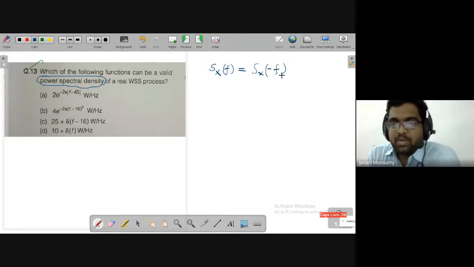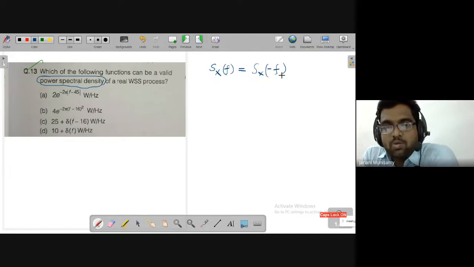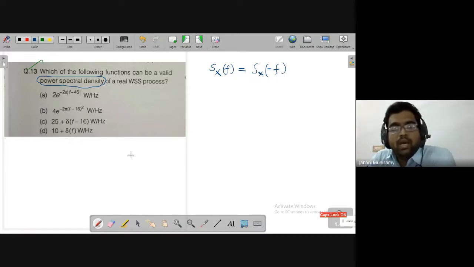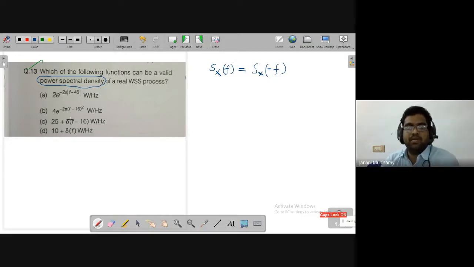And the power spectral density value can never be negative, because power cannot be negative at any point of time. So these are the two properties. Here, at any point we are getting positive values only, so all the functions satisfy the second property. But whether all these functions satisfy the even function property, you have to verify.